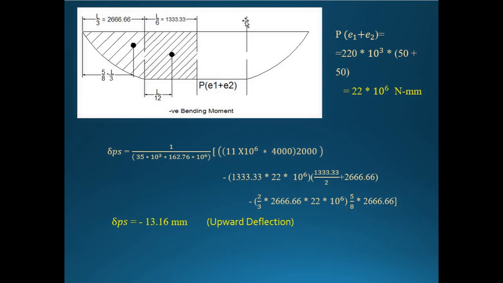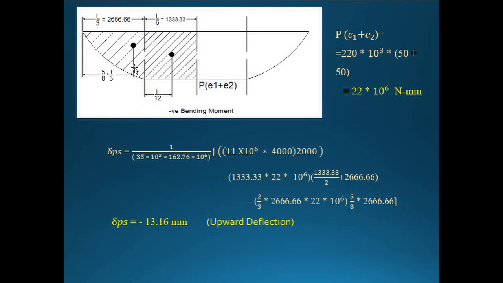Again, half of this will be L by 3 by 2, that is L by 6, equal to 1333.33. So don't get confused. From here to here it is L by 3 only, but if we consider half of that, it will be L by 6 equal to 1333.33. Fine. Next is the centroidal distance.